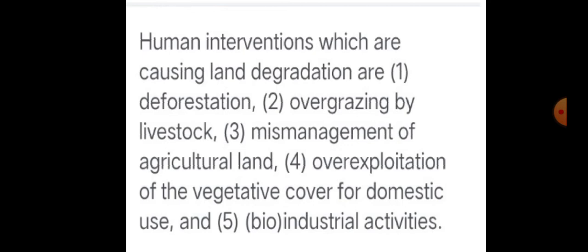Mismanagement of agricultural land, where agricultural land is not properly maintained or practiced, the usage is not done properly. Over exploitation of the vegetative cover for domestic use and the industrial activities, exploitation of elements for industrial activities.